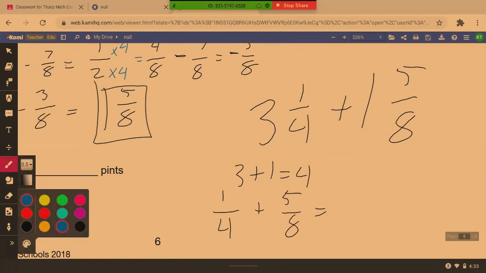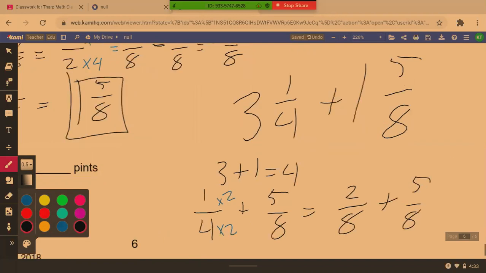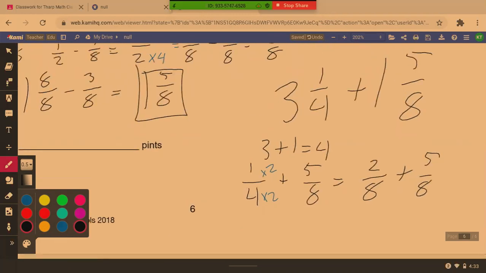The common denominator is going to be 8. So I am going to manipulate 1/4, multiply that by 2 to get it to the common denominator. I get 2 over 8 plus 5 over 8. And I get 7 over 8. So we get 4 and 7 over 8.